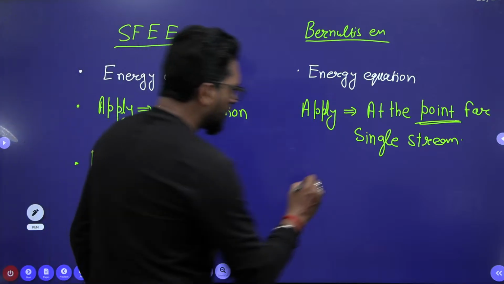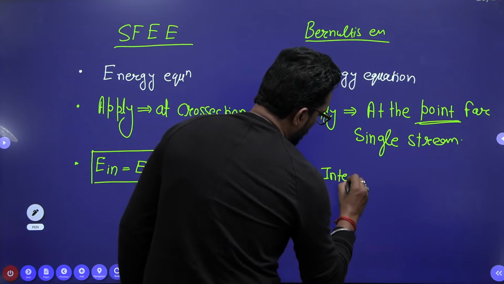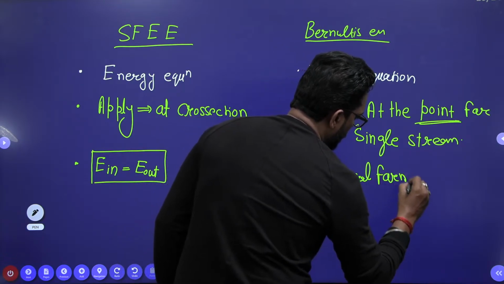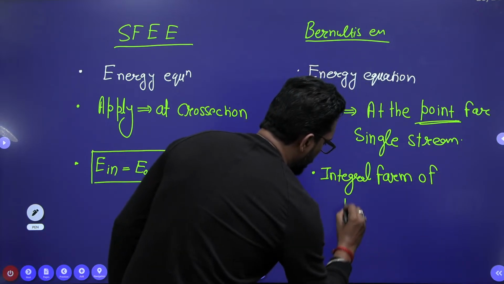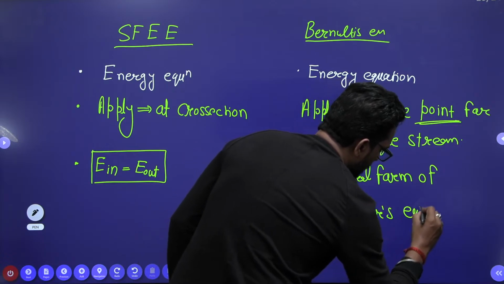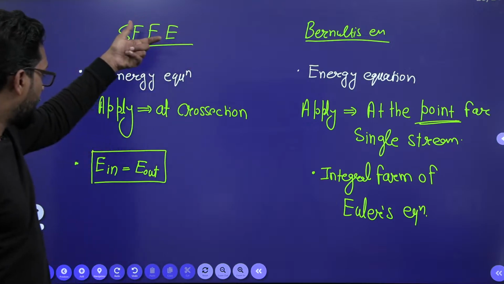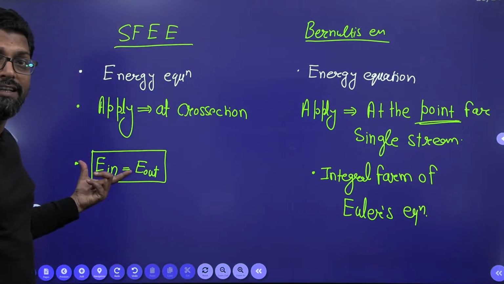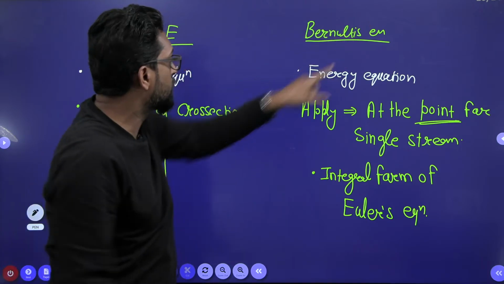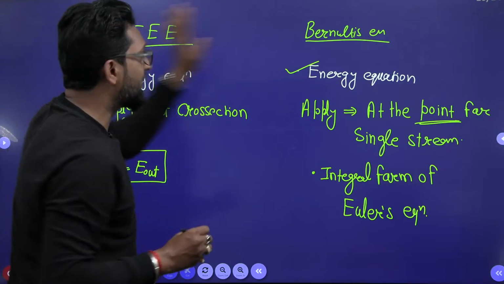In this one, you can integrate the integral form of Euler's equation. So steady flow is simply conservation of energy. This is also conservation of energy. Both are energy equations.